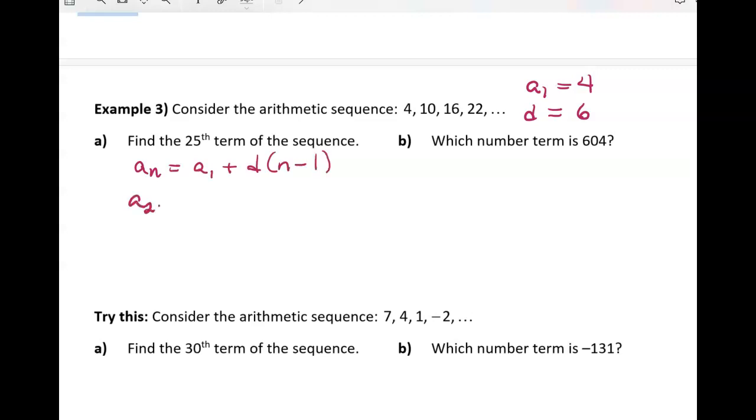We are looking for the 25th term, so we'll call that a sub 25, which means that we are replacing the n with the number 25. A sub 1 can be replaced with 4, the d, the difference, can be replaced with 6, and we can replace the n on the right side with 25 also. Now we just have some arithmetic to do.